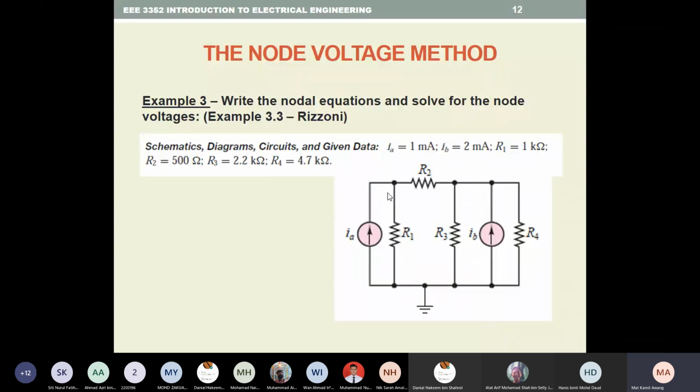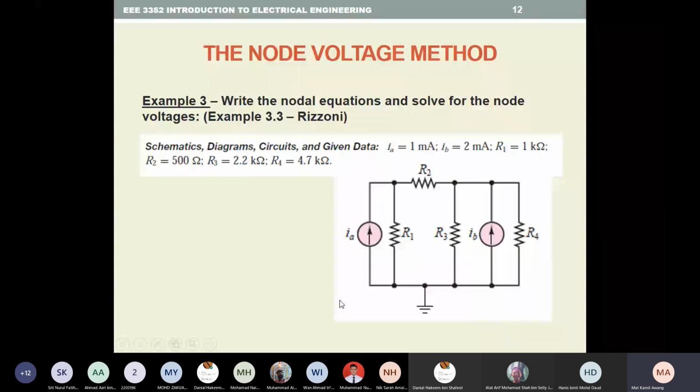The values given are IA as 1 milliamp, IB as 2 milliamps, R1 is 1 kilo ohm, R2 is 500 ohm, R3 is 2.2 kilo ohm, R4 is 4.7 kilo ohm. So from here, how many nodes do we have?